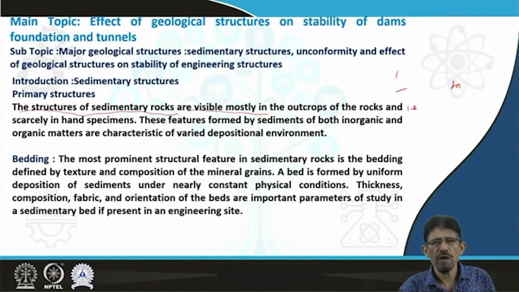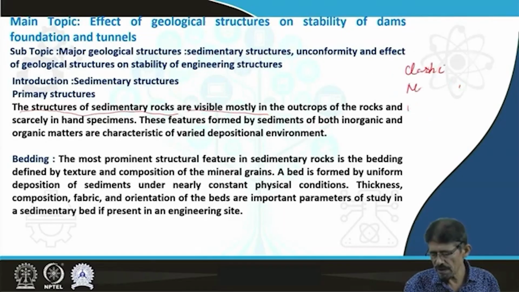The rocks or structures formed by mechanical process in sedimentary environment are recognized as clastic structure or clastic rocks as a host. Then the structures formed by chemical precipitation or biochemical process are recognized as non-clastic rocks or non-clastic structure. So broadly we can divide the structures in two categories as the clastic structure and non-clastic structure.